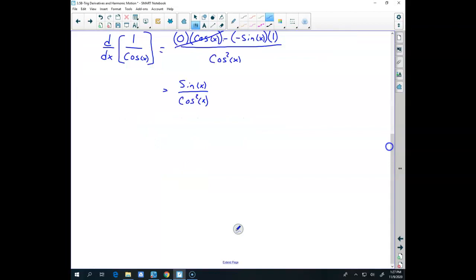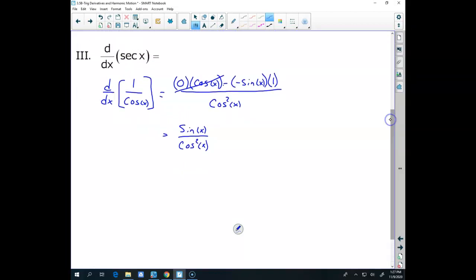Because I have one term in the denominator, we're going to look at this as sine x over cosine x times 1 over cosine x. Sine times 1 is sine, cosine times cosine is cosine squared, which actually gives me sine over cosine, which is a tangent x, and 1 over cosine, that's a secant x.